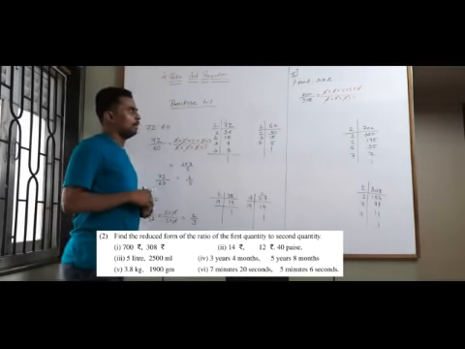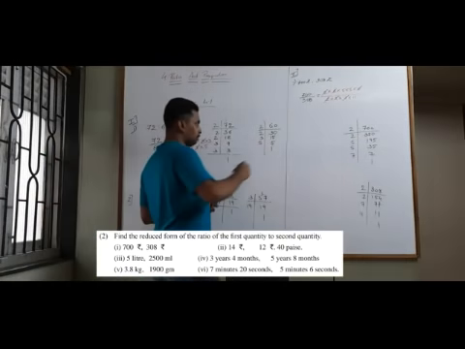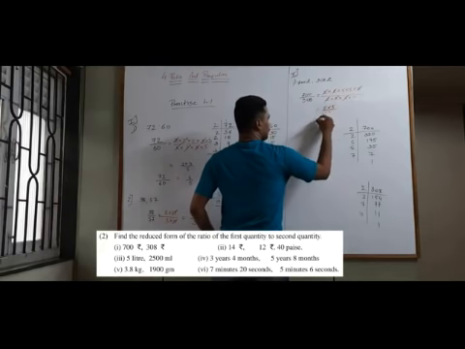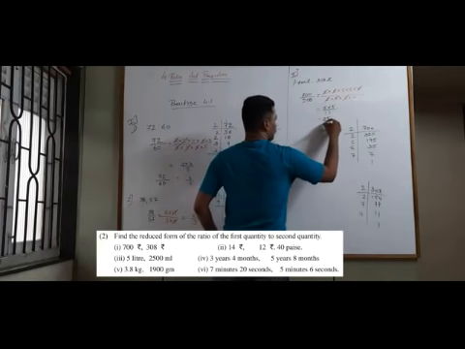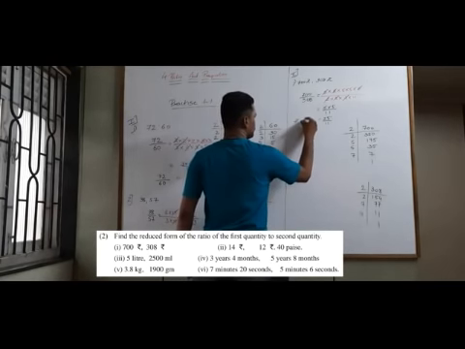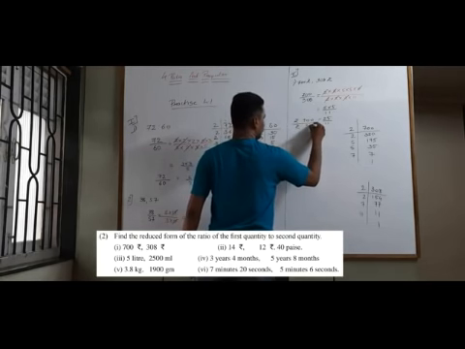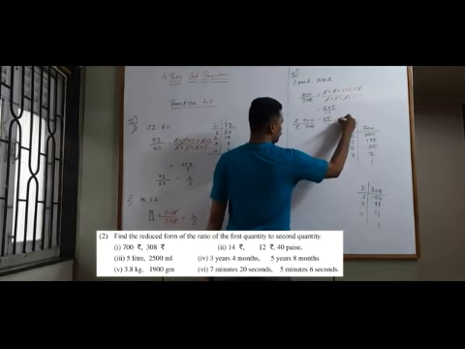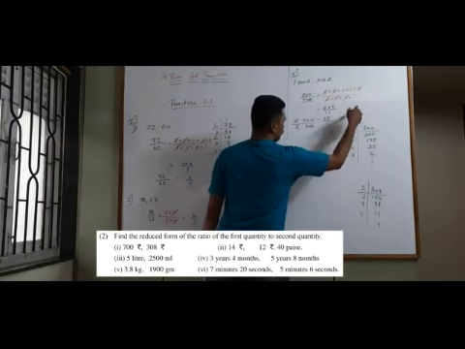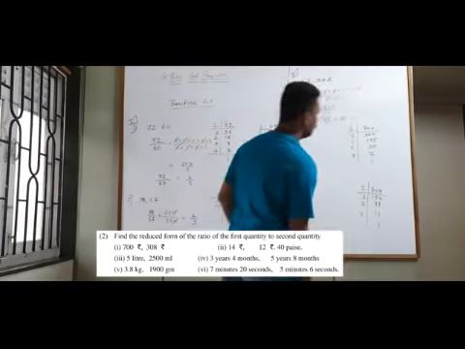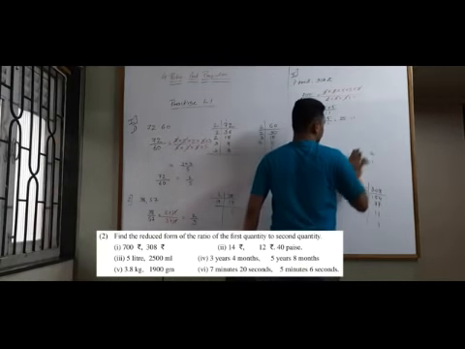This is what I am left with, and hence my number gives me 5 into 5 divided by 11, which is equal to 25 divided by 11. So rupees 700 divided by rupees 308 will give me 25 is to 11. The colon represents 'is to', and this is how we write a ratio.